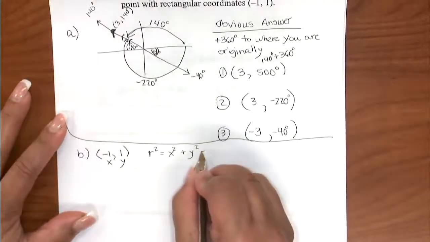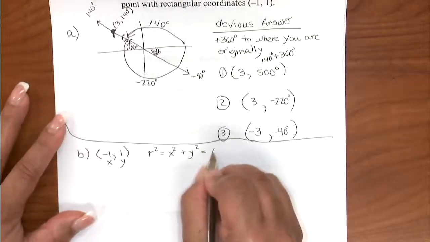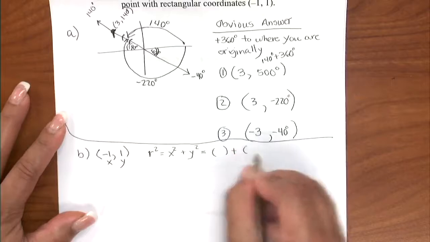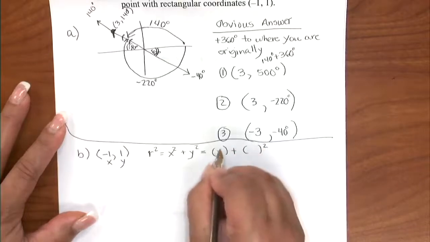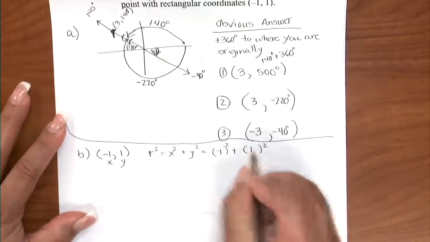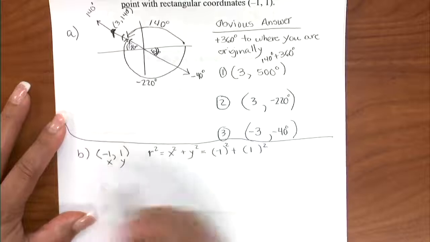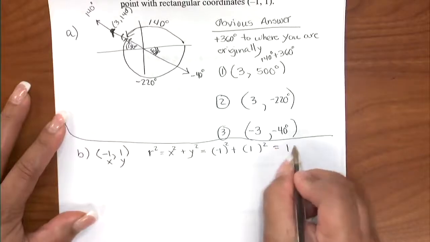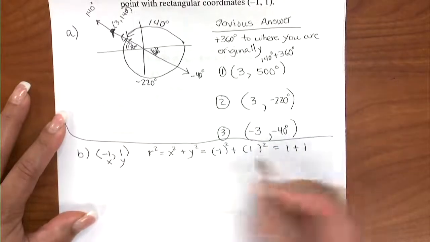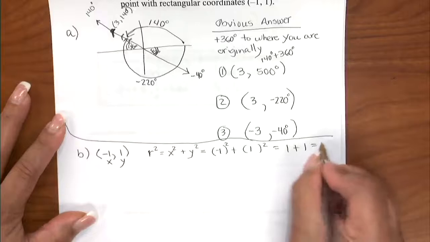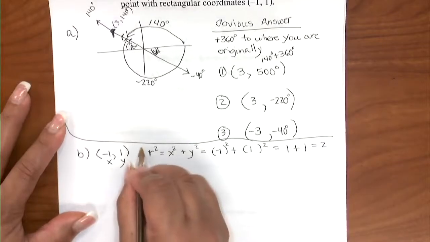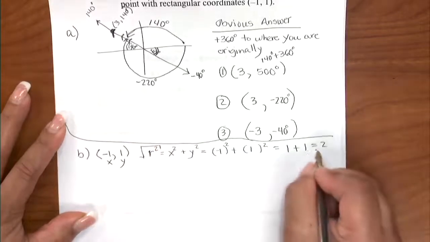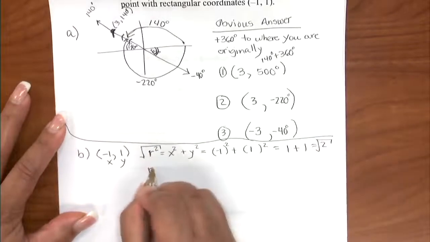Okay, so right now I'm going to get r. So let's see, x squared plus y squared, negative 1 squared. There's my y squared. I'm getting them from right here. This is equal to 1 plus 1 because anything squared is positive. This is equal to 2. If I want to get r, I take the square root of this as well as this.